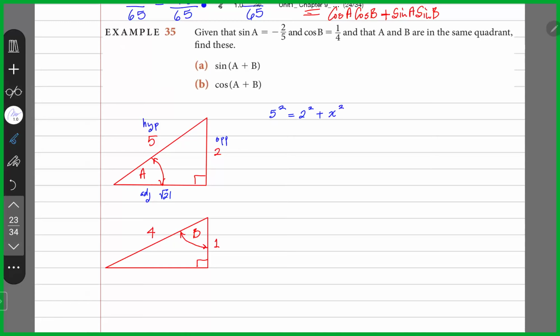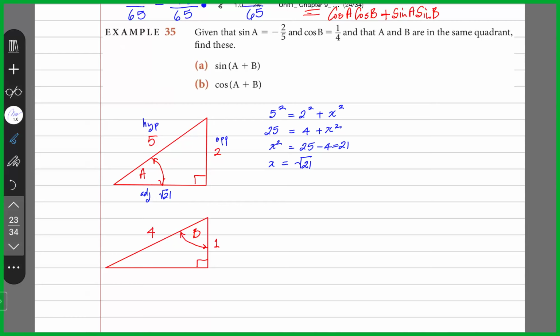the side of unknown length. So this is 25 is equal to 4 plus x square. X square is equal to 25 minus 4, which is 21. X, the opposite of square is square root, is the square root of 21. So the side adjacent to A, the length of that side is the root of 21.